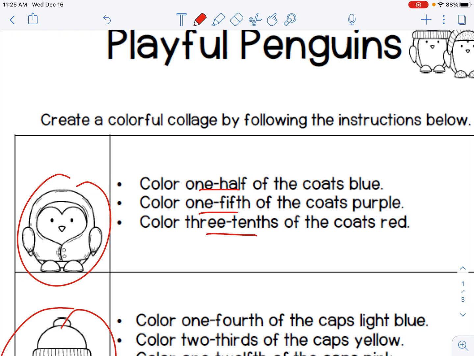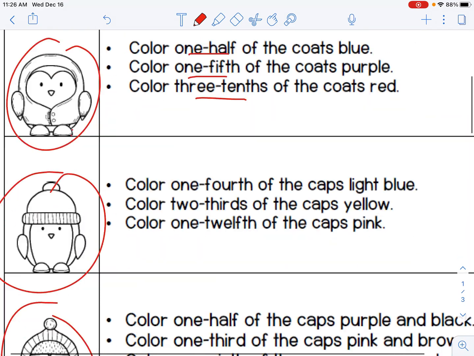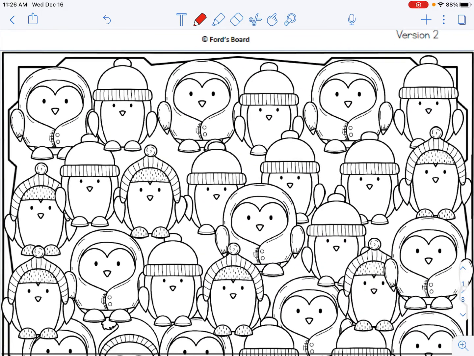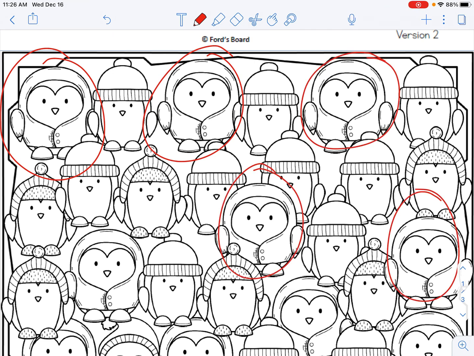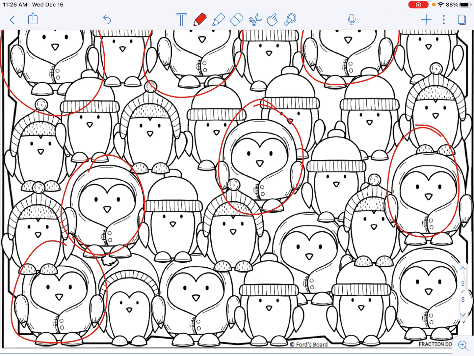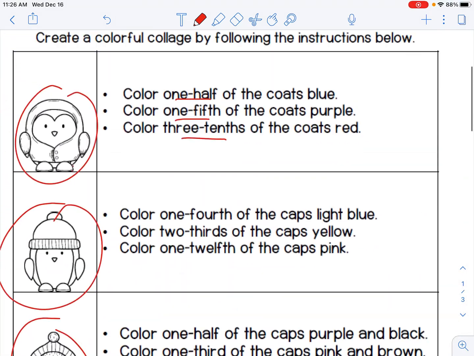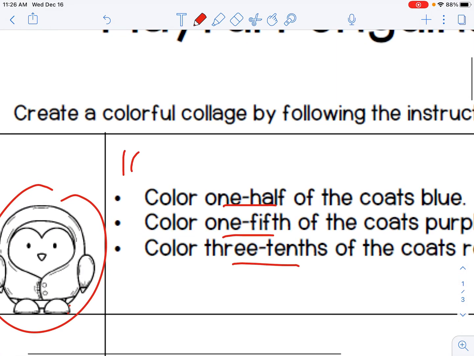So let's count how many penguins we have that look just like this one, all the penguins with the coats. Here's 1, 2, 3, 4, 5, 6, 7, 8, 9, 10. That one was hiding. So we have 10 penguins. I'm going to write that over on the side so that we don't forget.